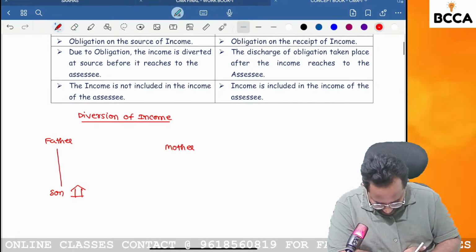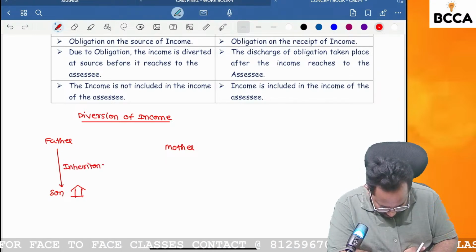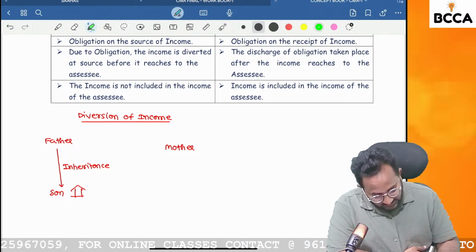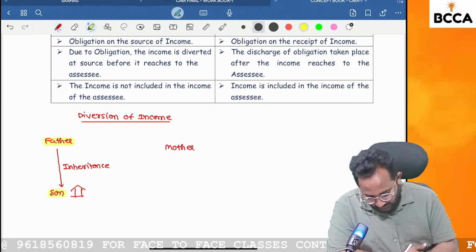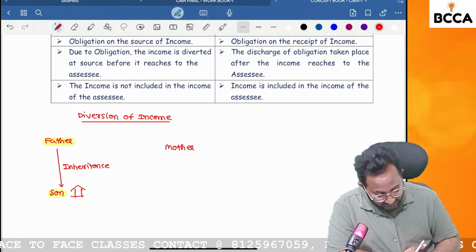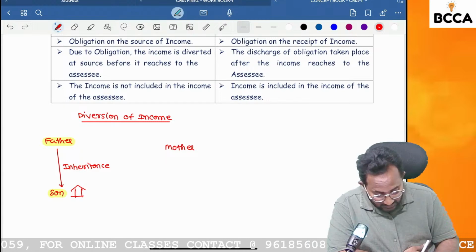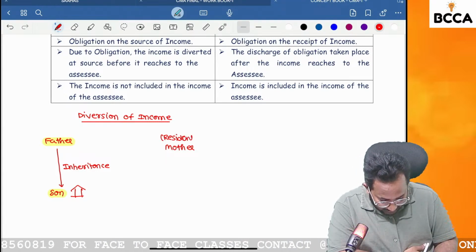By way of inheritance, the son gets that one house. But for that house, the residential rights will lie with the mother only.